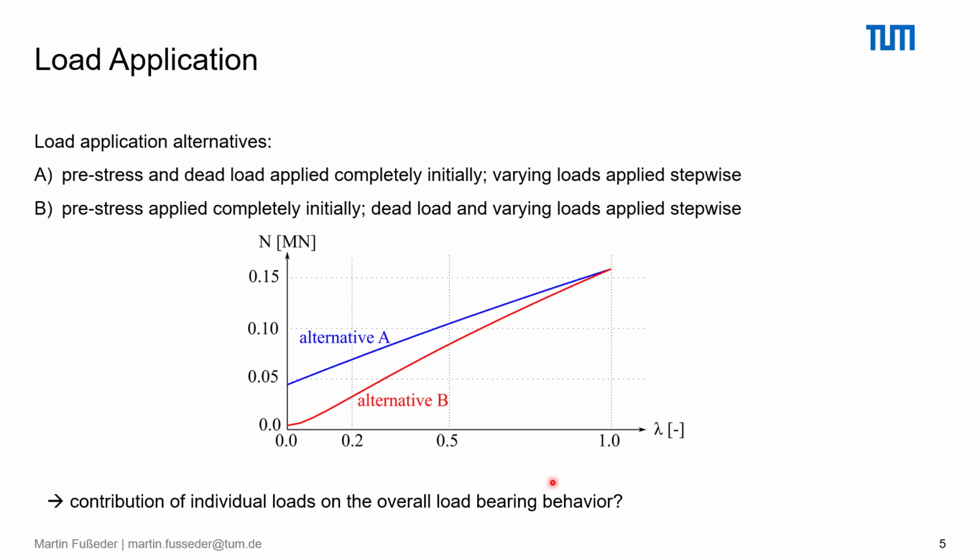Here in this diagram, you can see the evolution of the normal force N during load application, which is described here by the load factor lambda. Already here in this diagram, you can see that the way of applying load is crucial on the observable nonlinearity of the response normal force.